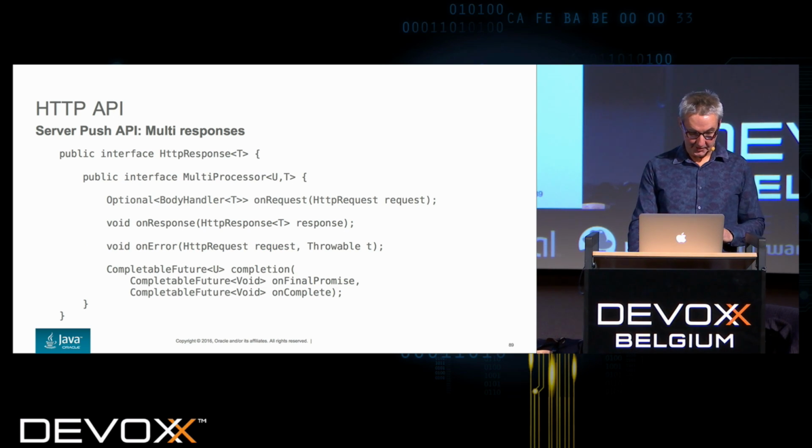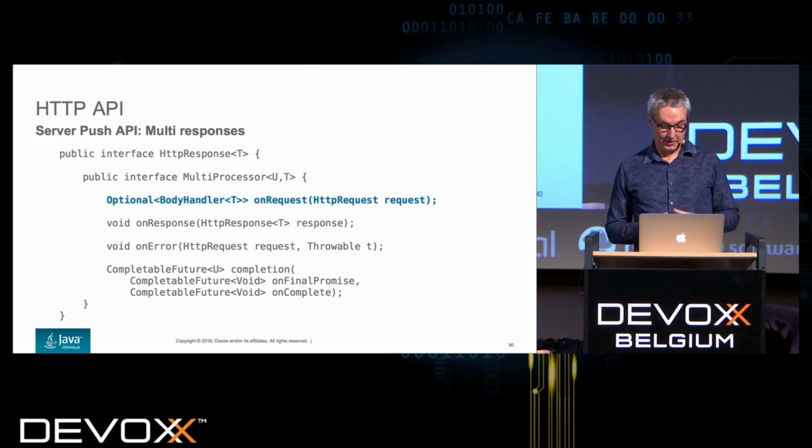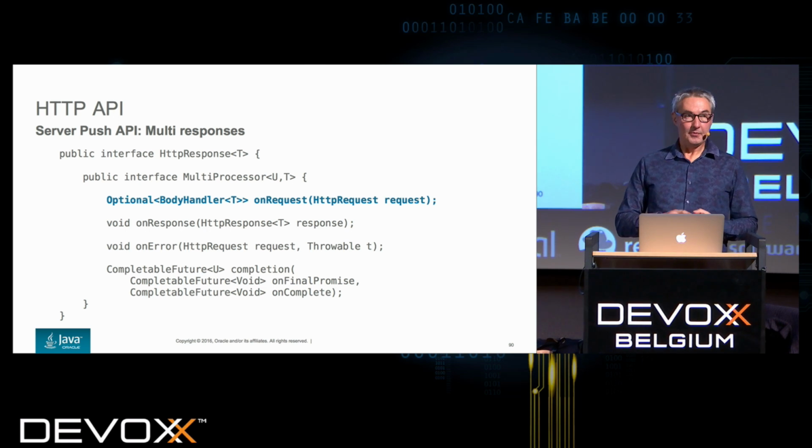So MultiProcessor has a number of callbacks. These are just traditional callbacks. So the first one is onRequest. So onRequest is called first time for the actual request that the client generated and sent. And then it's called once for each push promise that the server generated and sent back to us.